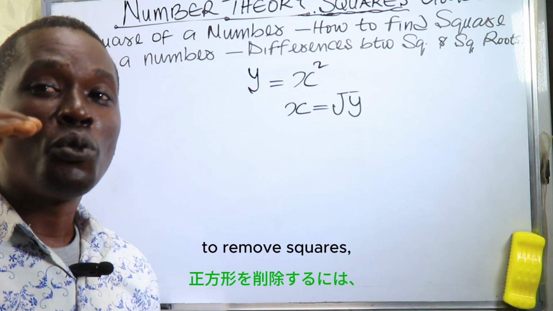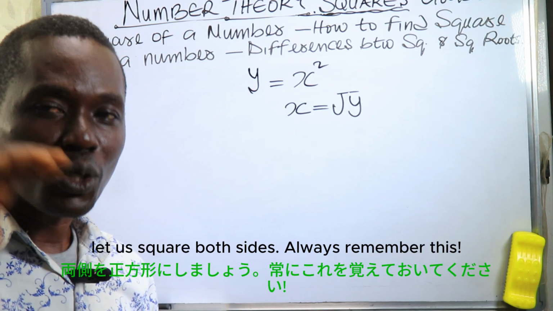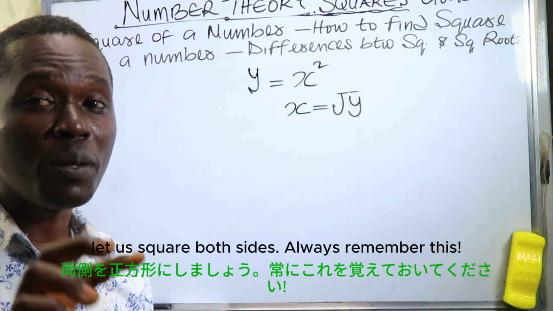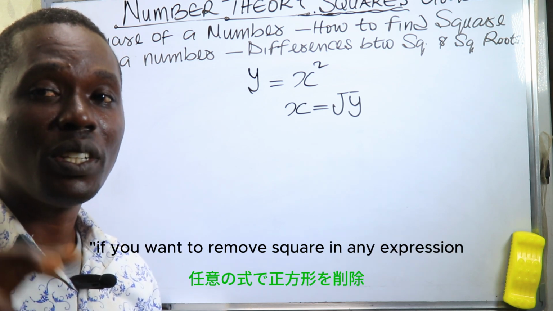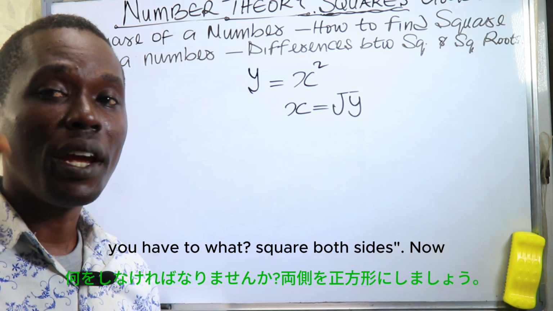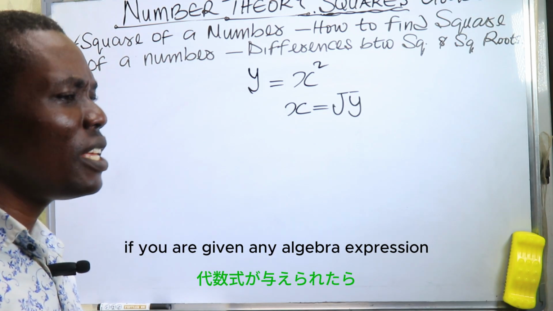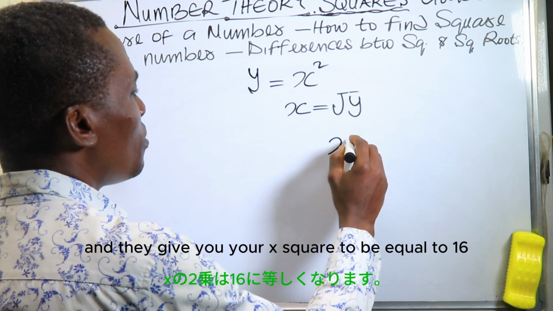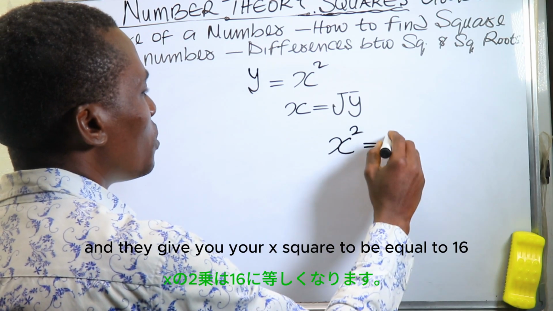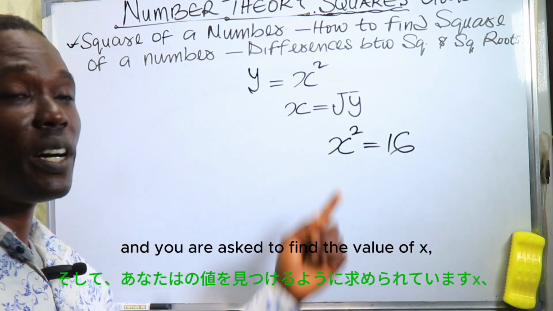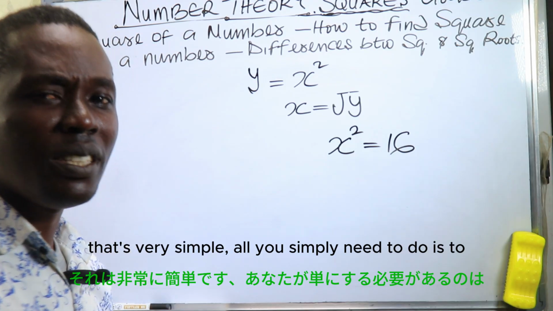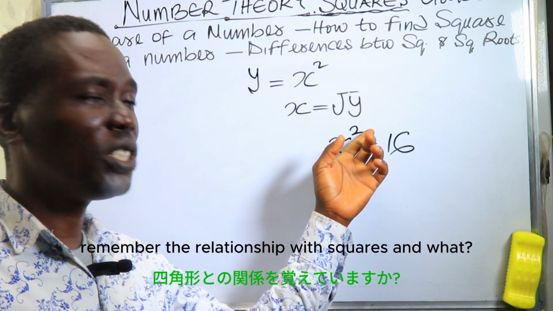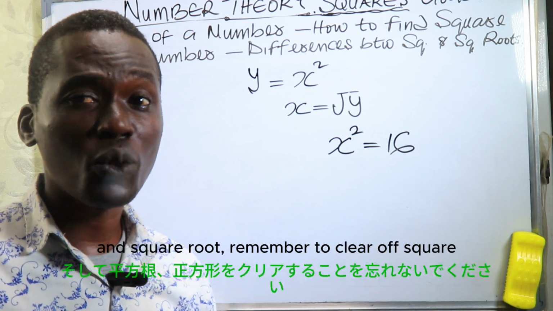Tip 1. To remove squares, let us square root both sides. Always remember this. If you want to remove square in any expression, you have to square root both sides. Now, if you are given any algebra expression and they give you x squared to be equal to 16 and you are asked to find the value of x, that's very simple. All you simply need to do is to remember the relationship between squares and square root.